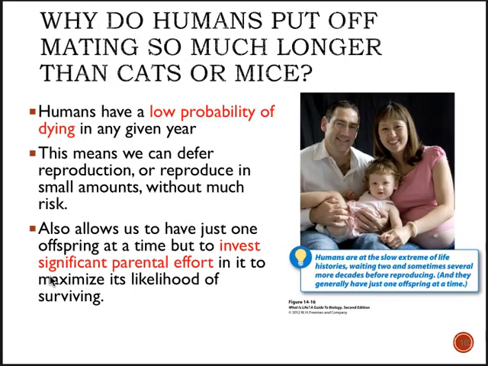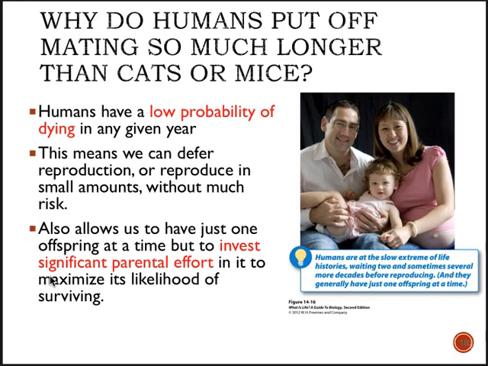What about humans? How do humans fit into all of this? Again, we have a low probability of dying in any given year, which gives us the luxury of not reproducing when we're very, very young. We just talked about when humans go through sexual maturity, that's puberty, which starts around age 12 on average.